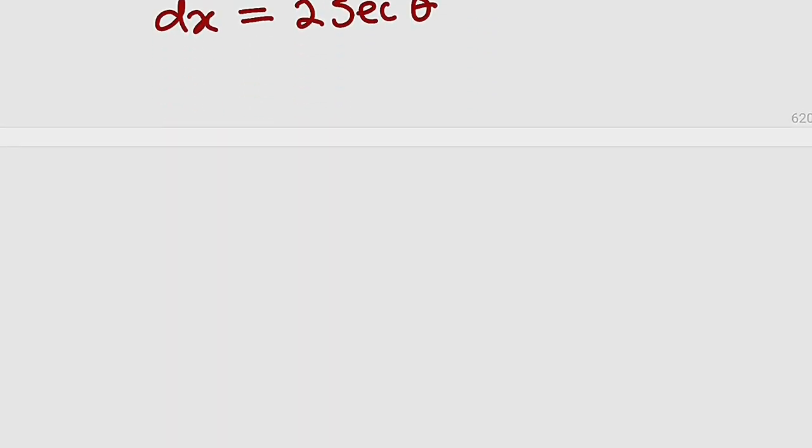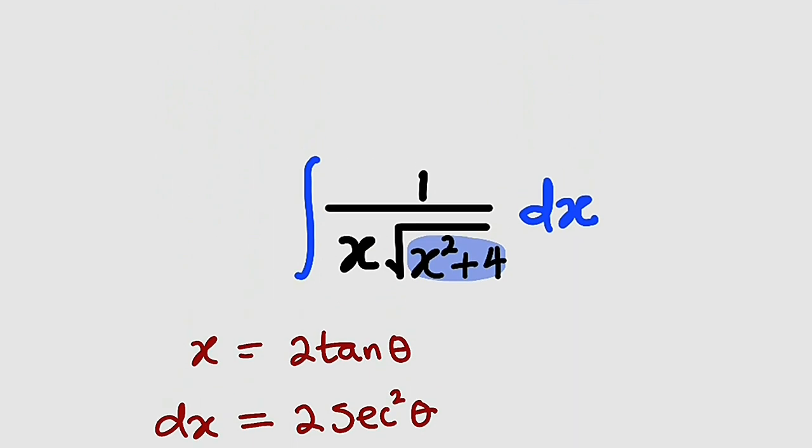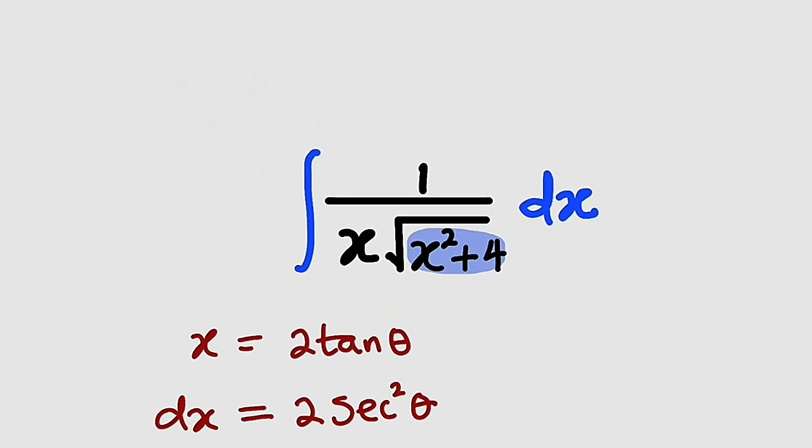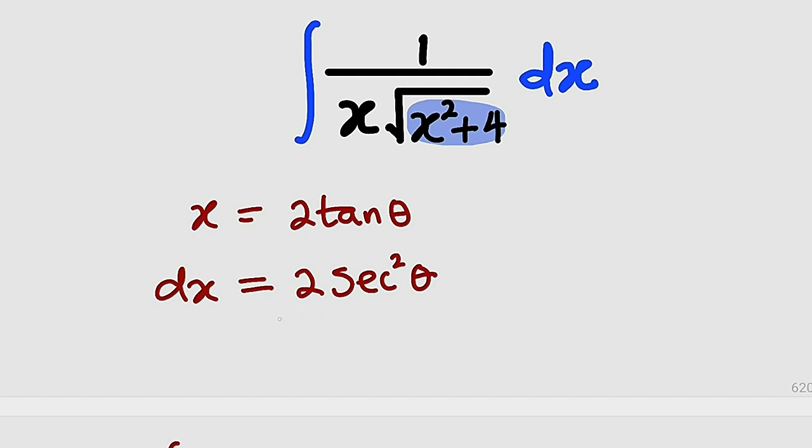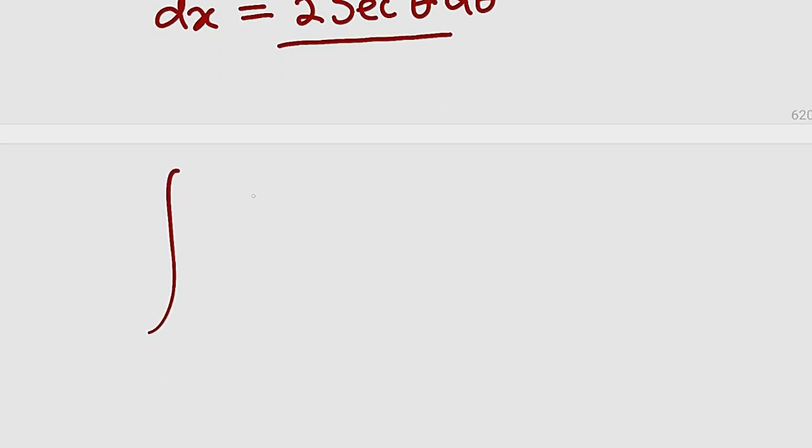So our integral becomes the integral of, to the top, we have 1 dx, but dx is what? 2 secant squared theta d theta. So we are going to replace it with 2 secant squared theta d theta.